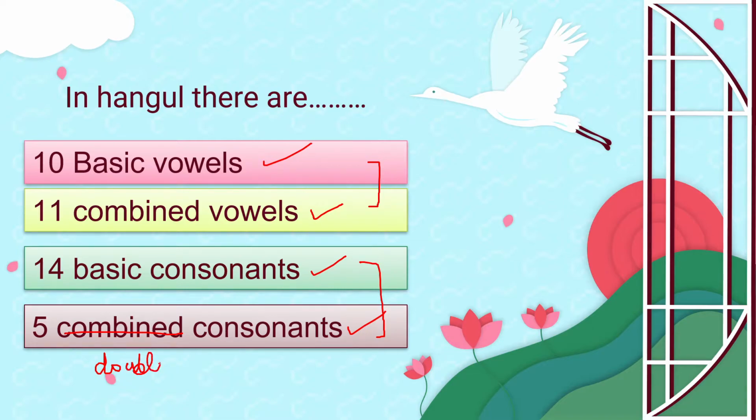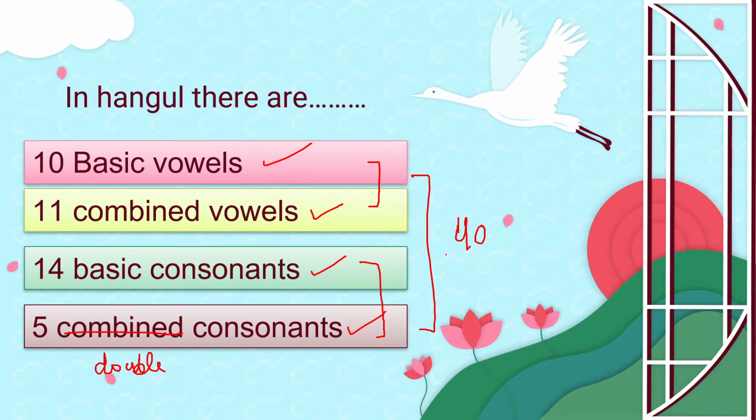Combined is also not a wrong word, but we usually say double. Both are fine. If we add all of them, we will get 40. That means a total of 40 alphabets are there in Hangul.